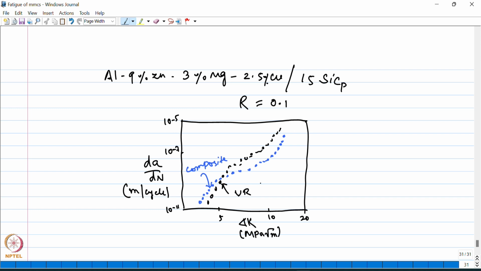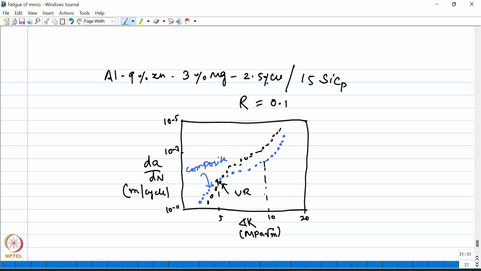So here you could clearly see that the delta KTH is lower for the composite, and the mid-range growth rate is also lower. Mid-range over here, if you look at this region, that is the Paris region, the growth rate is lower. So that's the third type of behavior that we categorized before.